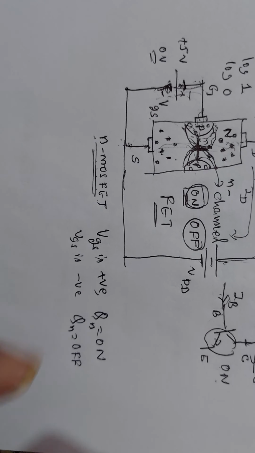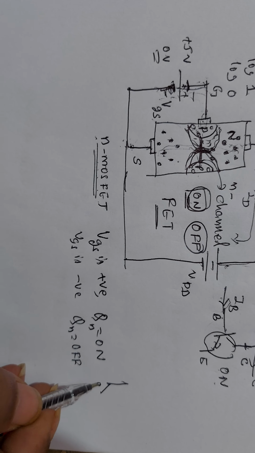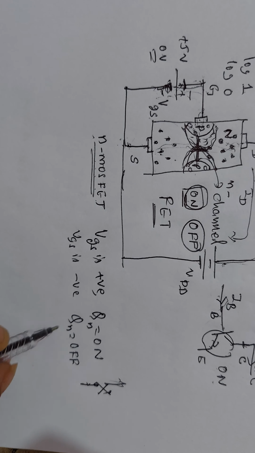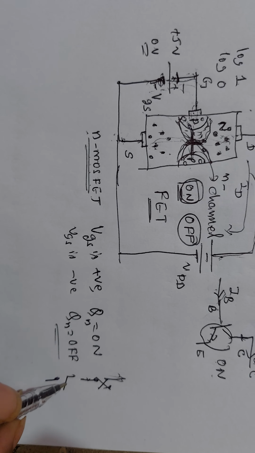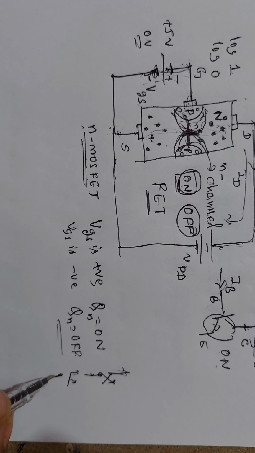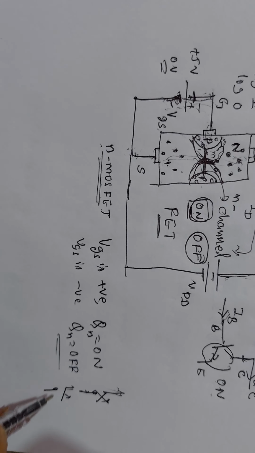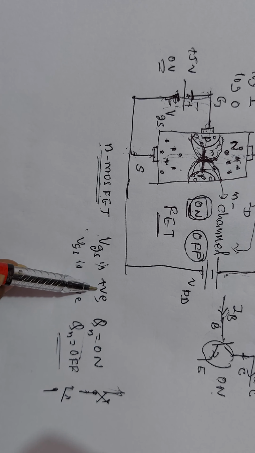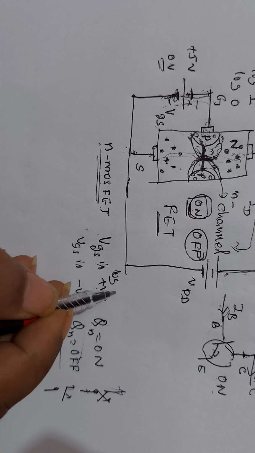On means it acts as a closed switch. The switch is closed and current flows through this line. Off means the switch is open. It is open, no current flows through this line. So you have to remember this. When gate is positive, positive means logic 1.